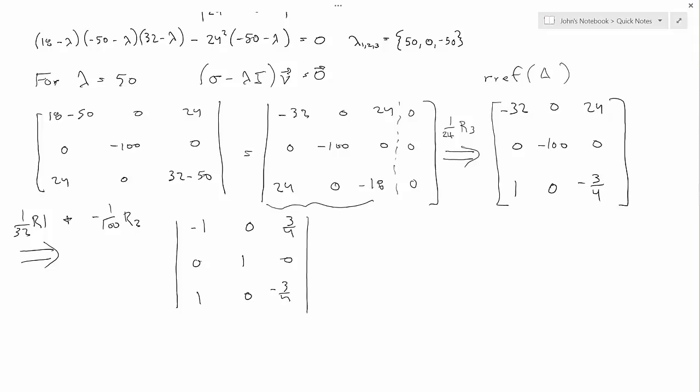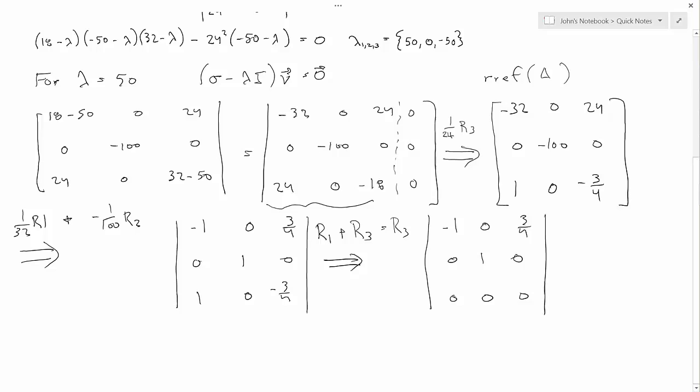So now I'm going to add row 1 to row 3. That's going to be my new row 3. All right, so then I have minus 1, 0, 3/4, 0, 1, 0, 0, 0, 0.